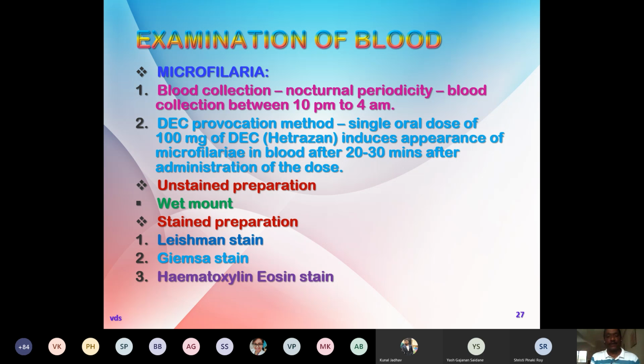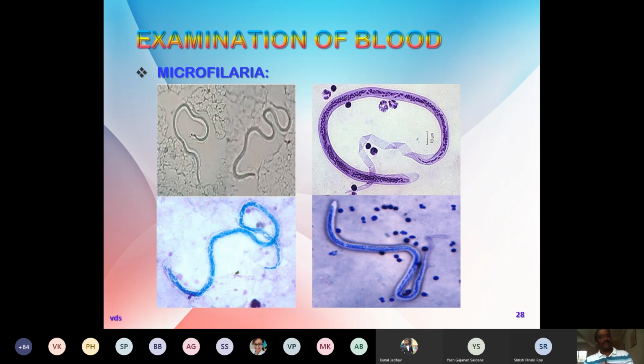Give 100 mg of DEC and the microfilaria appear in the blood 20 to 30 minutes after the dose, even in the daytime. This can be observed in an unstained preparation, or stained by Leishman stain, Giemsa stain, and hematoxylin eosin stain. Here, the first is the unstained preparation of microfilaria, and the three other methods are shown here.